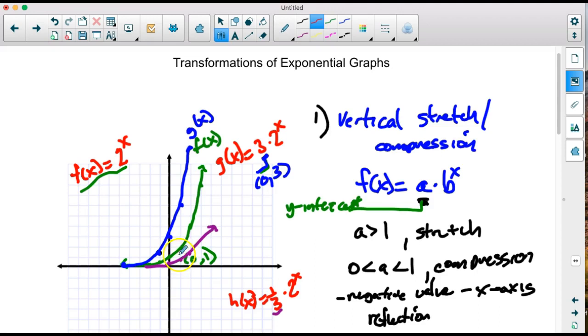Our 1 value would be 2/3, because normally it's up 2, but we're taking a third of that. And then 2 would be 4/3, because it would be reduced by a third. So it's compressed on the axis. It's a little shorter, smaller than the original graph. So that's a vertical stretch or compression.